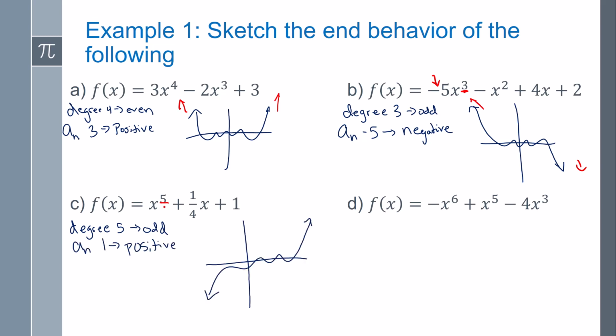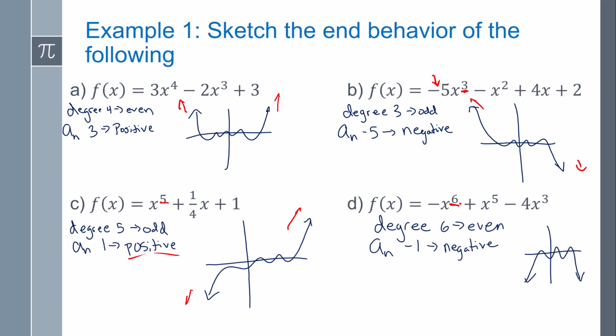So it's going to have that increasing pattern, where it's going to be going up on that end but down on this end. So it starts down and it gets more positive because that's positive. And then the last one, 6 is my degree, which is even, and then -1 is my leading coefficient, and since it's even, they're both going to go down.